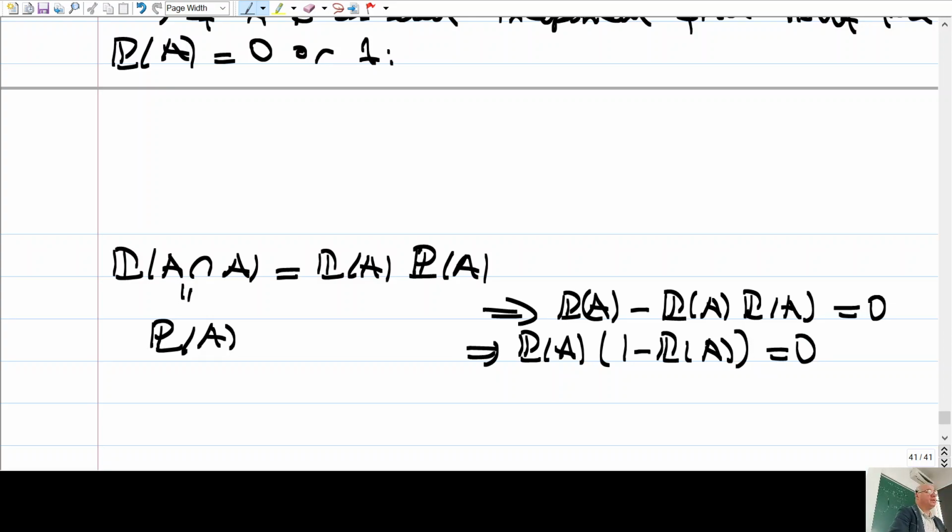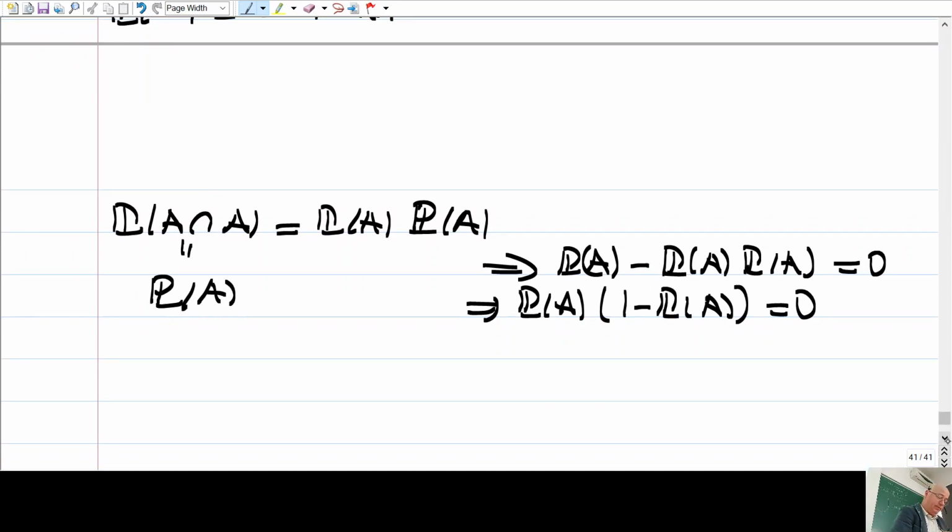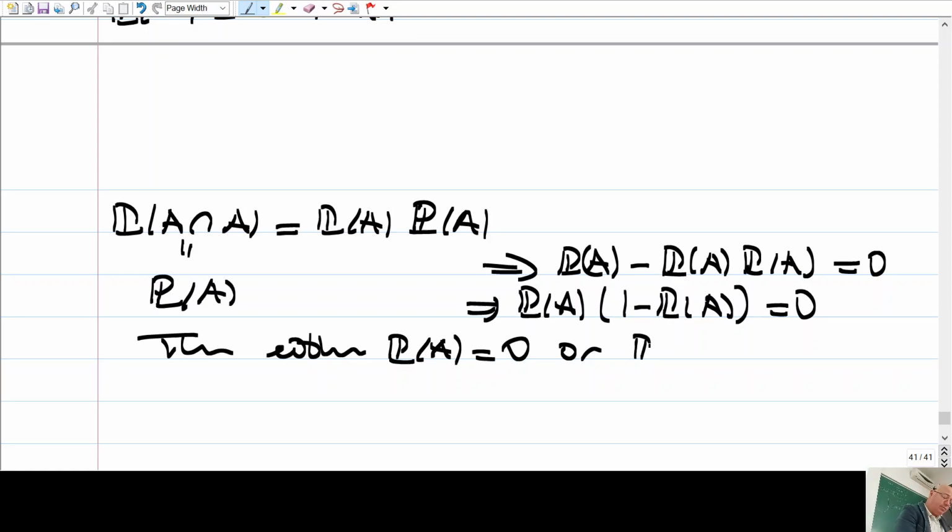These are real numbers. If the product of two real numbers is 0, then one of them should be 0. So then either PA is 0 or 1 minus PA is 0, which means PA is equal to 1.